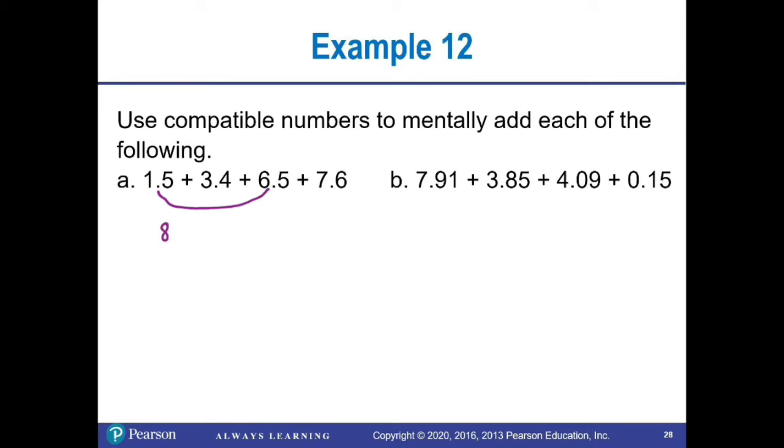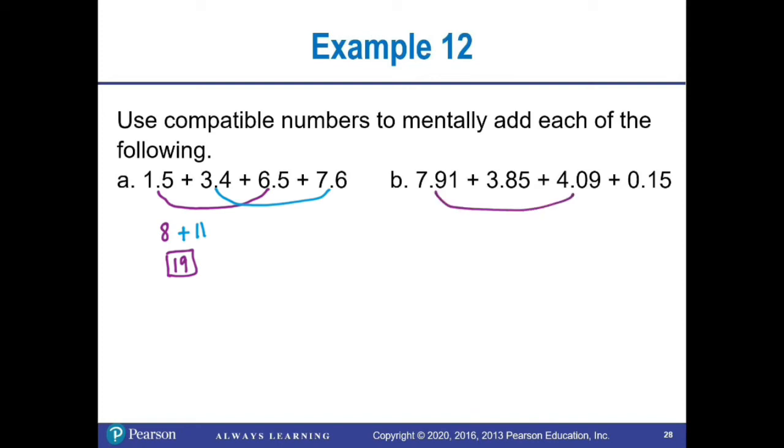That gives me a total of 8. 3.4 and 7.6 are also compatible numbers because my decimal places would give me a whole here. 7 plus 3 is 10, plus a whole from the decimal places, that would be 11, and 8 plus 11 is 19.